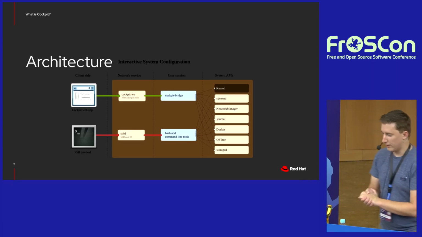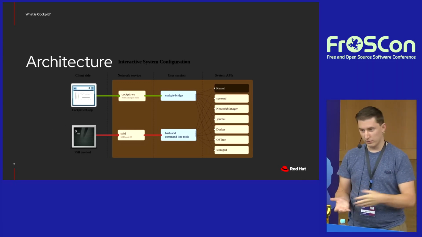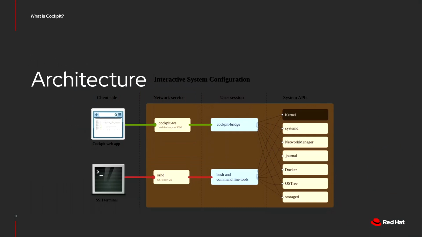So the architecture looks like this: there's the Cockpit web server. This handles HTTP. This serves the HTML and JavaScript assets, and it talks to the Cockpit bridge. And the Cockpit bridge talks to Podman, to libvirt, to almost anything which has a D-Bus API on your server, and this can be on your local machine, but it can also be over SSH to a remote machine.